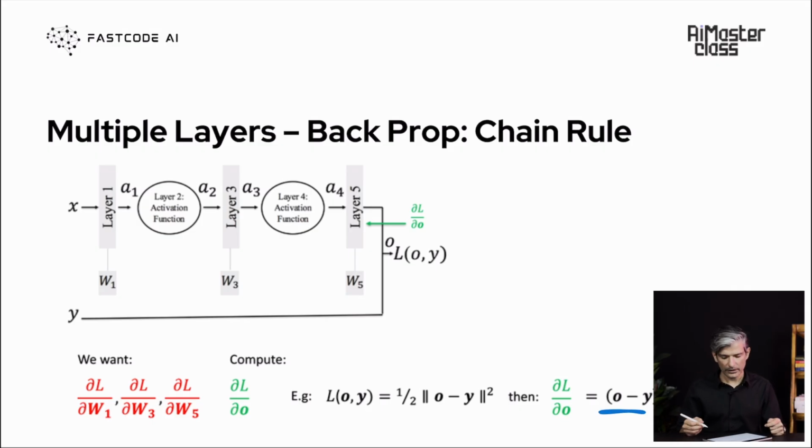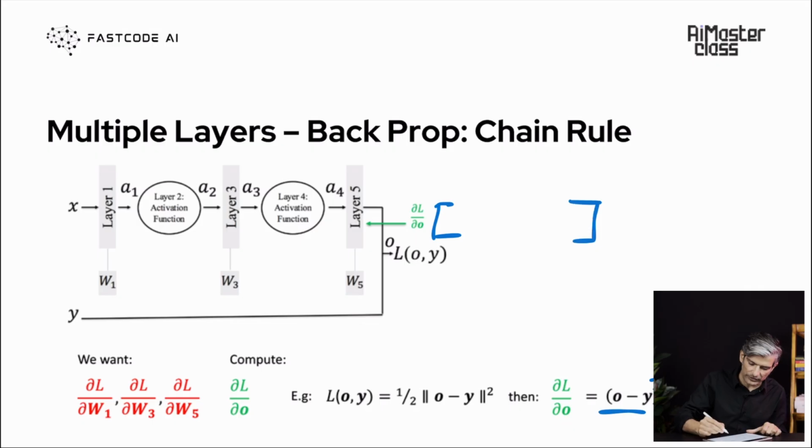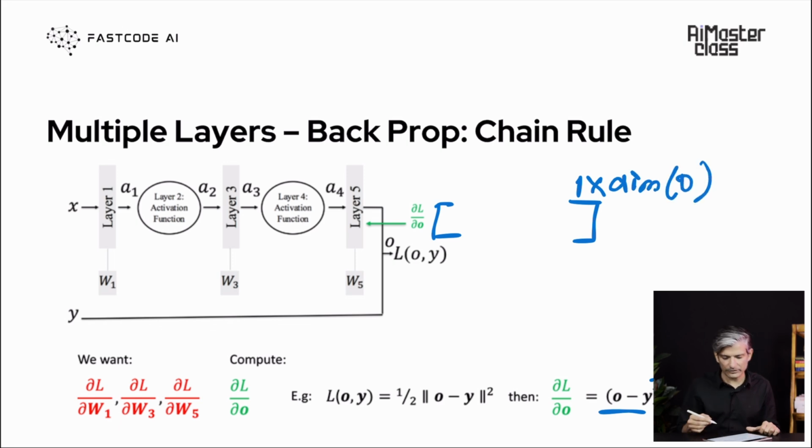Just believe me for now, and it will be the transpose of this, because it's a row vector. So what will be the size of this gradient? One row, and the columns are the same as the dimensions of my output, so let me write it as dim of O.